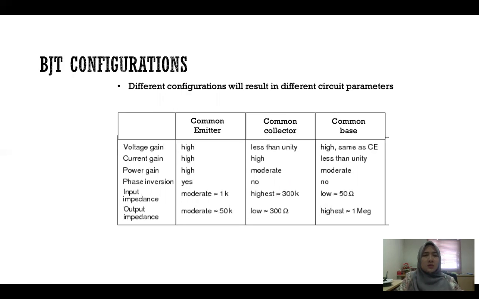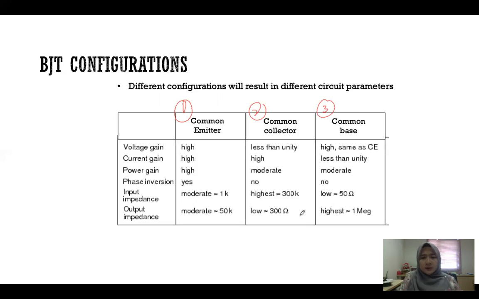The first one is what we call the common emitter. The second one is the common collector. And the third one is the common base.